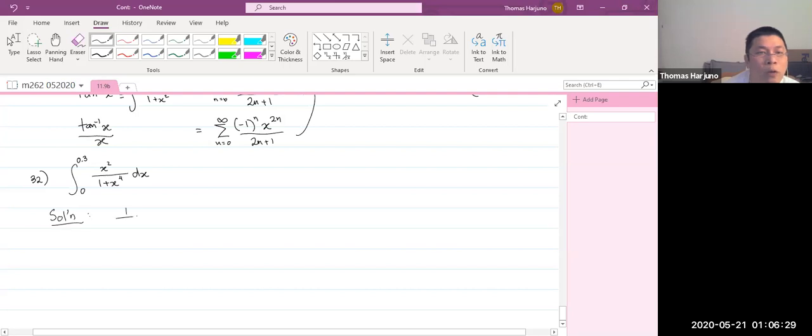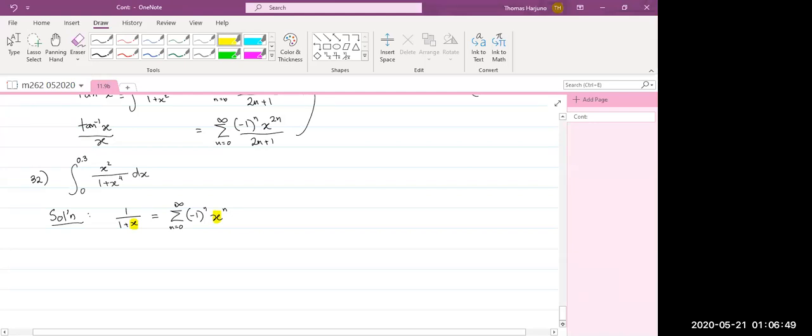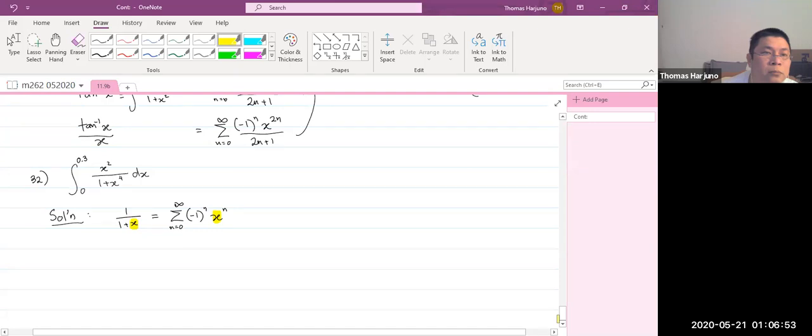We know 1 over 1 plus x is an alternating series, -1 to the n, x to the n. Now replace that x by x to the 4th. I thought it was 1 over 1 minus x.